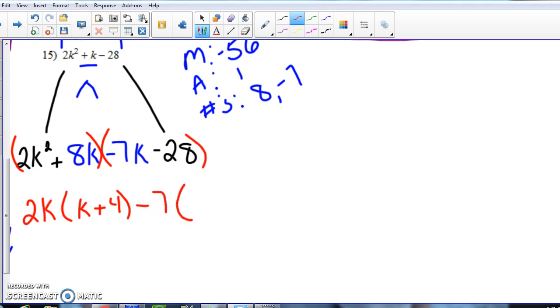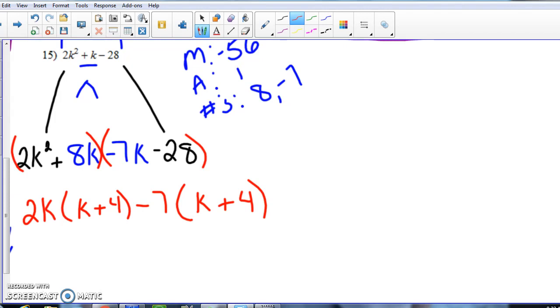Now again, I'm going to take that GCF and divide it out of each thing. When I do that, I get a positive k and a positive 4. Now, you will notice that those two sets of parentheses here are the same. That's good. That helps tell me that I'm on the right track.